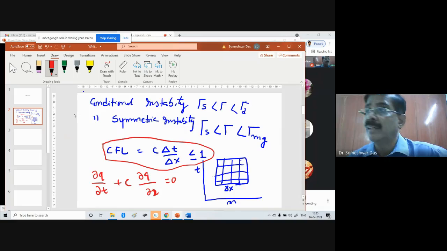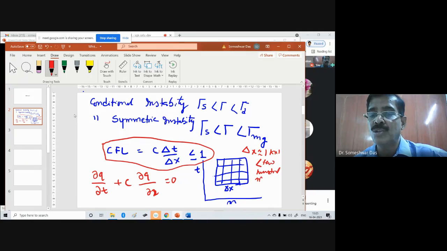To resolve such phenomena, we need a very high resolution model in which delta x can be very small, about 1 kilometer sometimes, or less than 1 kilometer, a few hundred meters.